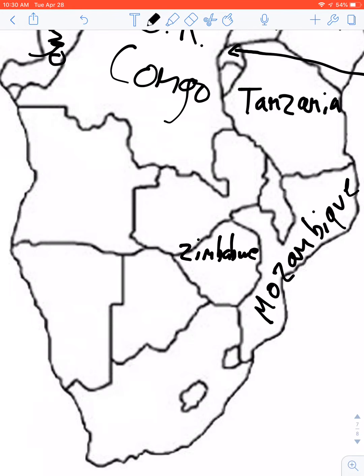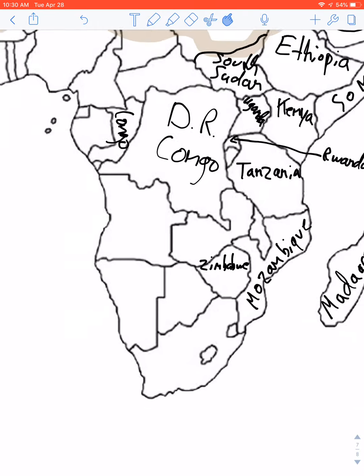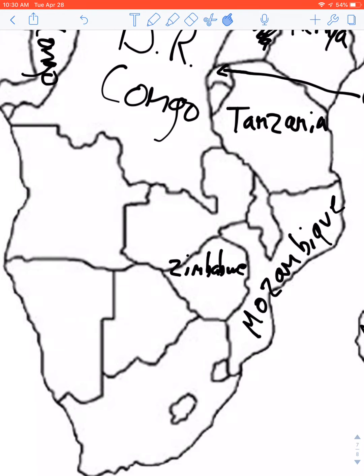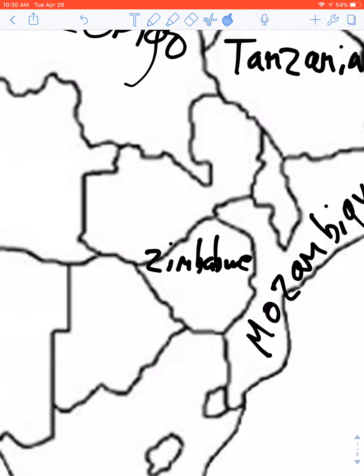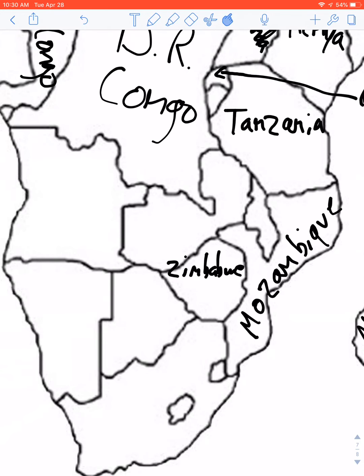Zimbabwe is a controversial country in Africa because just like South Africa, in most of the 20th century, the white minority population ruled Zimbabwe, and they ruled over the blacks who greatly outnumbered them, right? Back then Zimbabwe was known as Rhodesia.